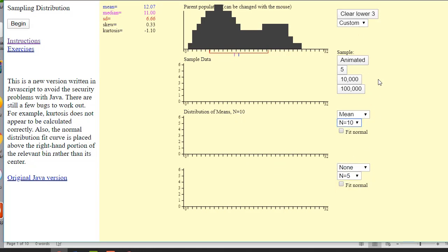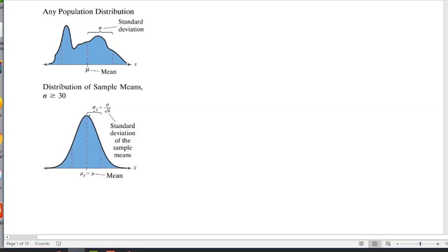I had a sample size of 10. Oh, I didn't want to animate that. But I'm still going to get a normal distribution. Now, that doesn't mean that you should ignore the statement in your textbook. We should still go by the statement in the textbook. And again, that concept being, we want samples large enough.